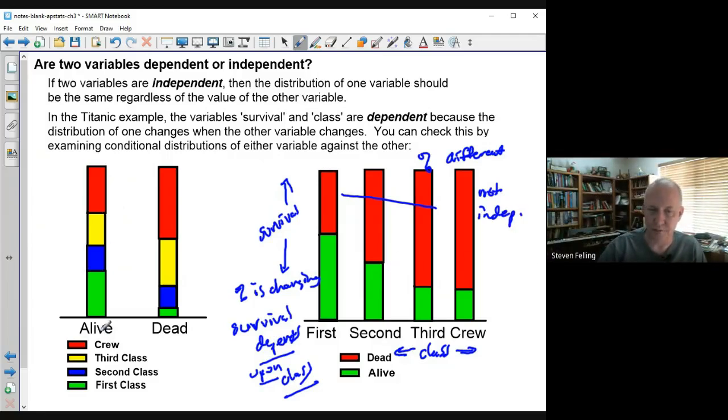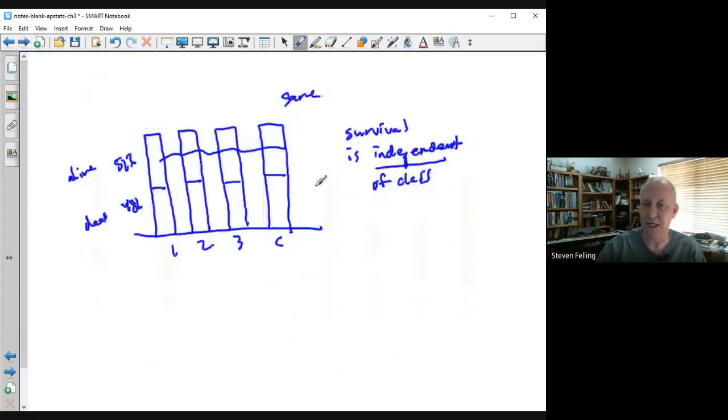I could have plotted alive versus dead and compared the percentages of the first class passengers to each other, and the second class passengers to the second class passengers, and the third class to the third class, and the crew members to the crew members. If it's not independent, it'll be substantially different in both directions. So the question is, how close do they have to be before we would say they're close enough, okay?